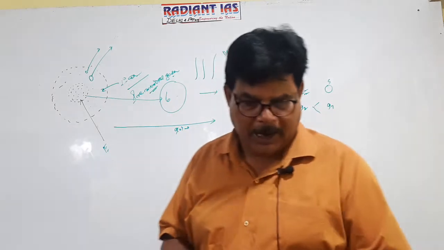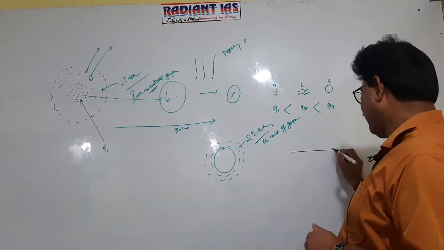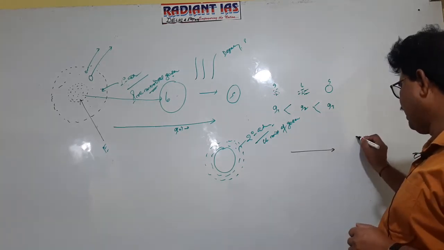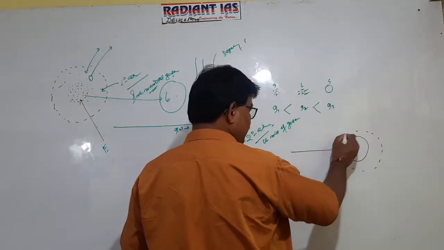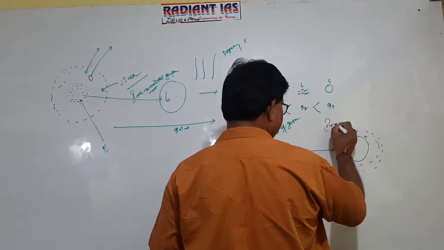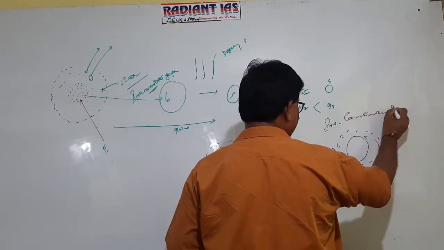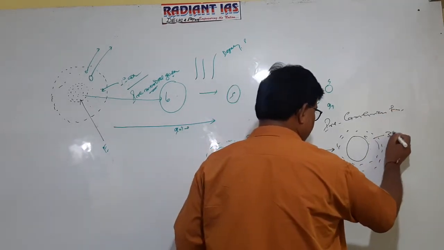And again, during the pre-Cambrian period, according to most geographers, Earth attained another atmosphere, and during the pre-Cambrian period, Earth attained the tertiary atmosphere.